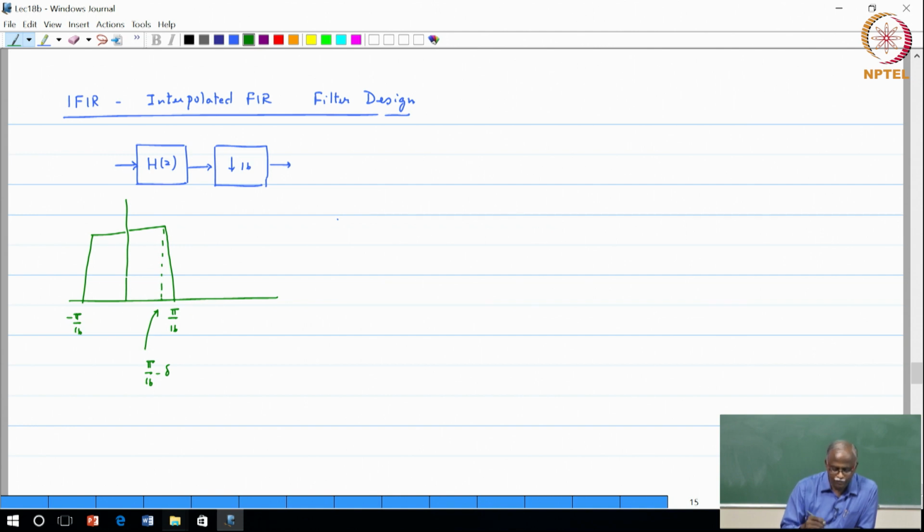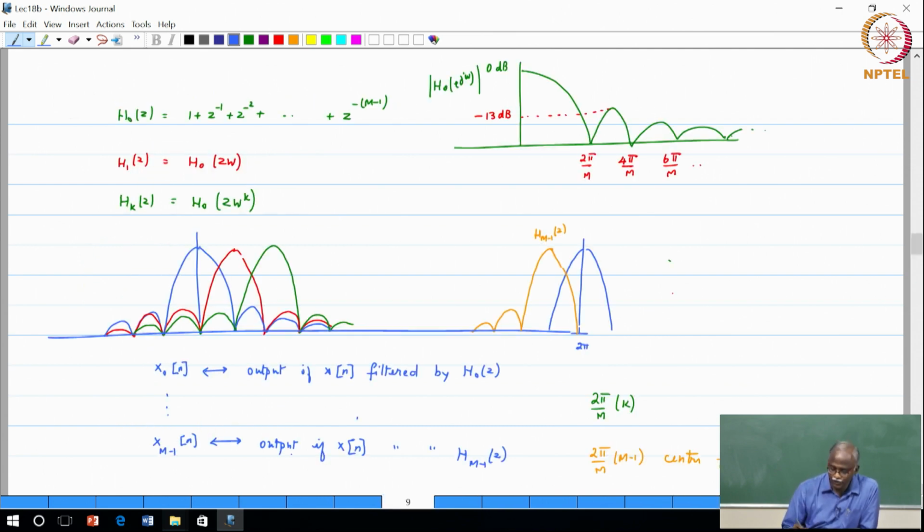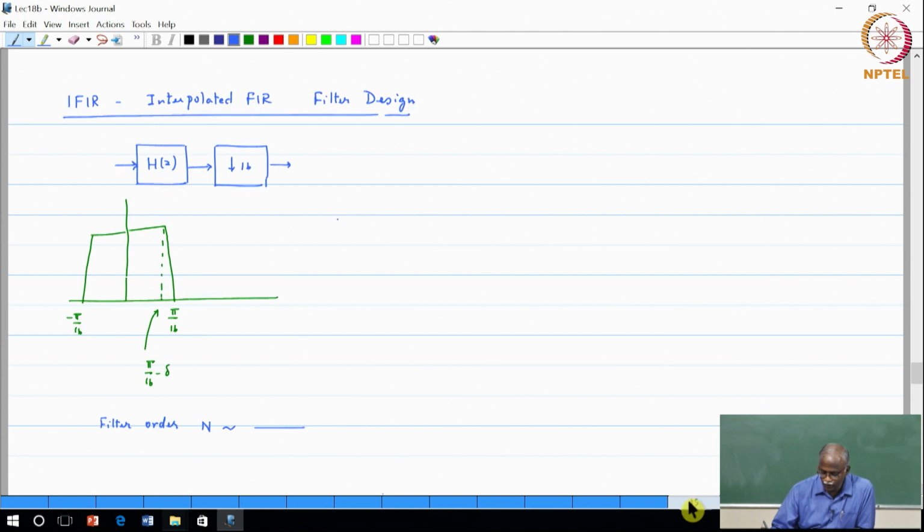If you recall, the filter order needed to design a filter of this form, let us call it n, is inversely proportional to the transition band. The narrower you want your transition band, the higher the filter order is going to be. So, delta sits in the denominator. What is in the numerator? It is some function of the ripple you can tolerate in the pass band and the stop band.